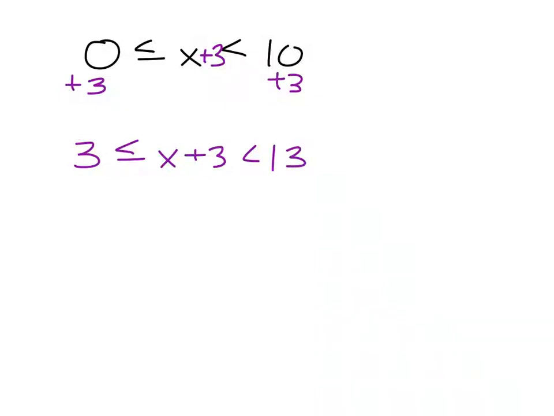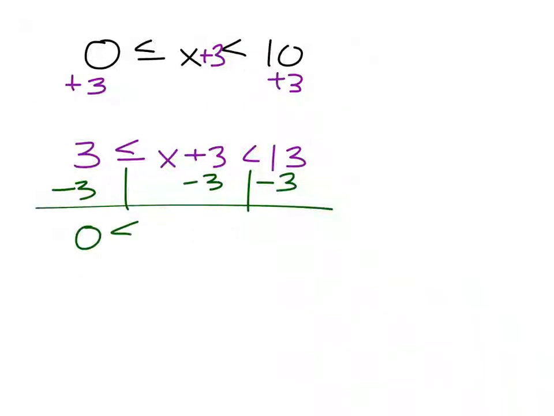Now, of course, as we proceed with these in the future, we're not really dealing with adding to the value unless it's to zero something out or make it a 1, okay? So, in this case, you would start with the purple one, and then what would you do to isolate the x? You'd subtract 3 from all three parts, and then you would get the same inequality that we started with. 0 is less than or equal to x, which is less than 10.